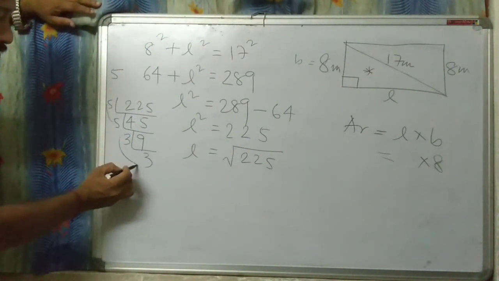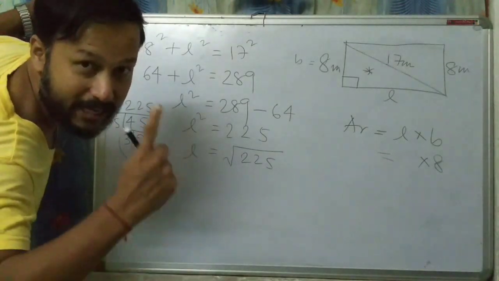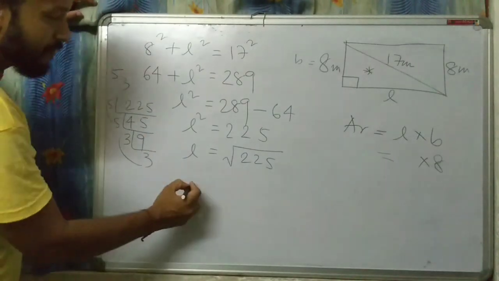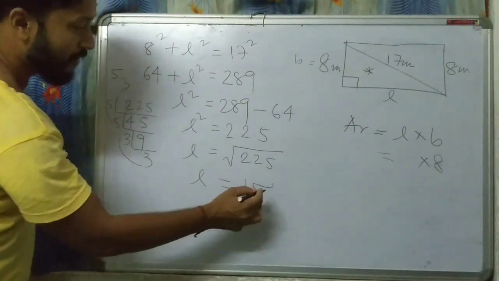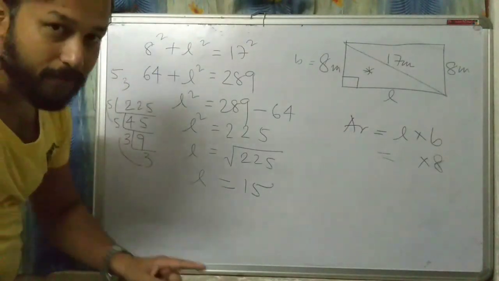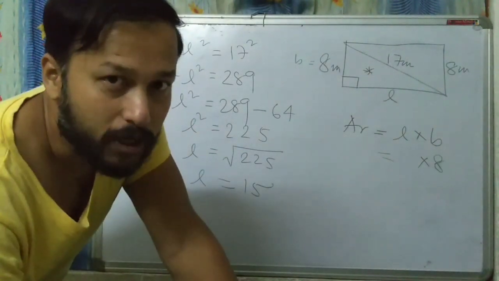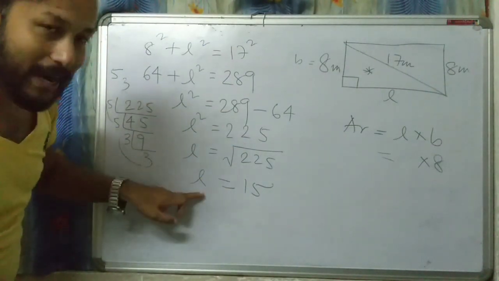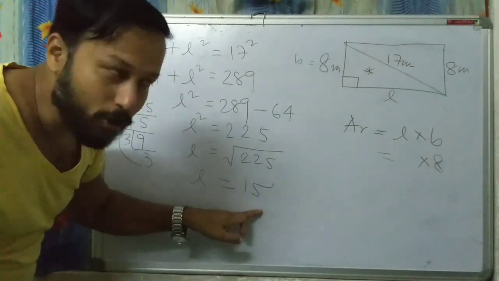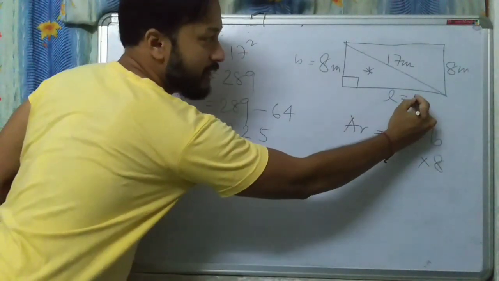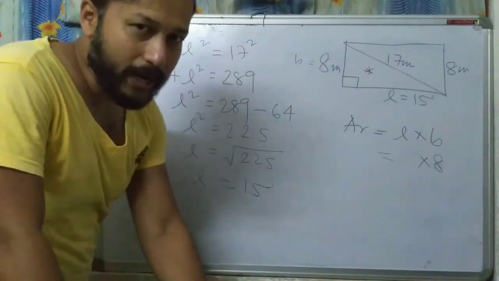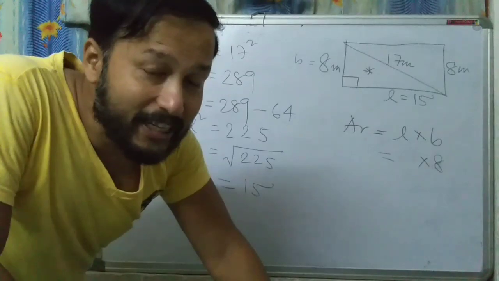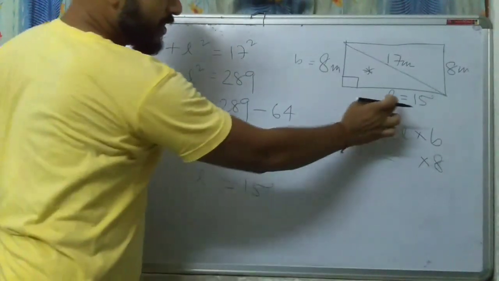From this double 3, I will take 1, that is 3. So 5 threes are 15. So l equals 15. This is the rule of finding square root. So l square equals 225, l equals root over 225, l equals 15. Done. So we got our length, that is 15. Now how to find the area? Already we have written the formula, length into breadth. So length is 15.